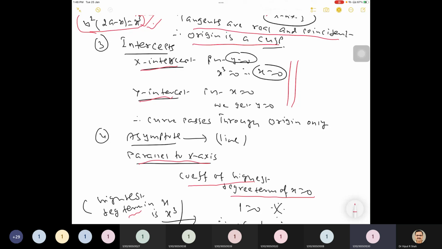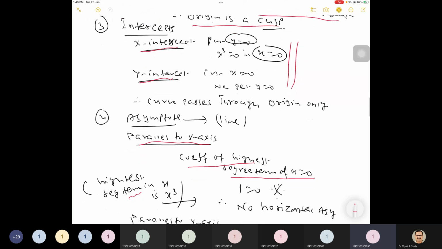What is the coefficient of x cube? 1. That means 1 equal to 0, which is not possible. That means there is no horizontal asymptote.